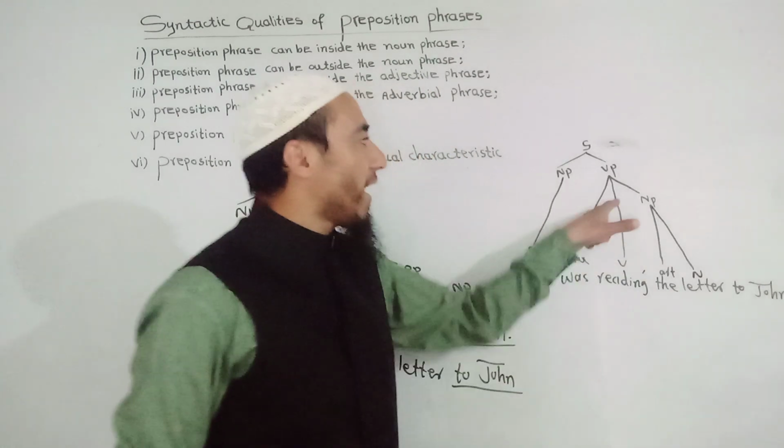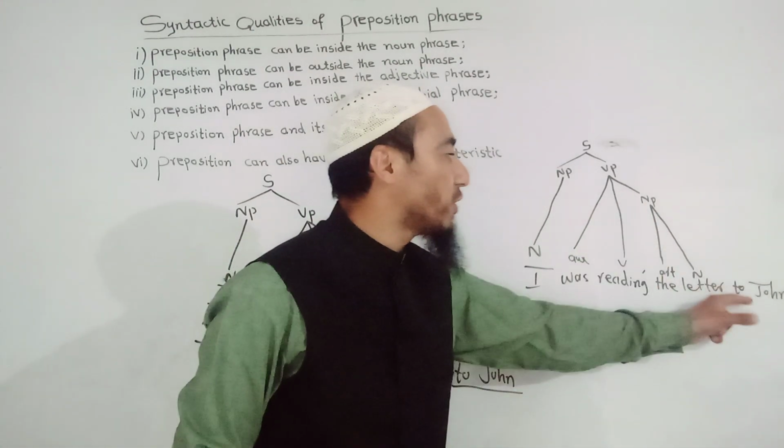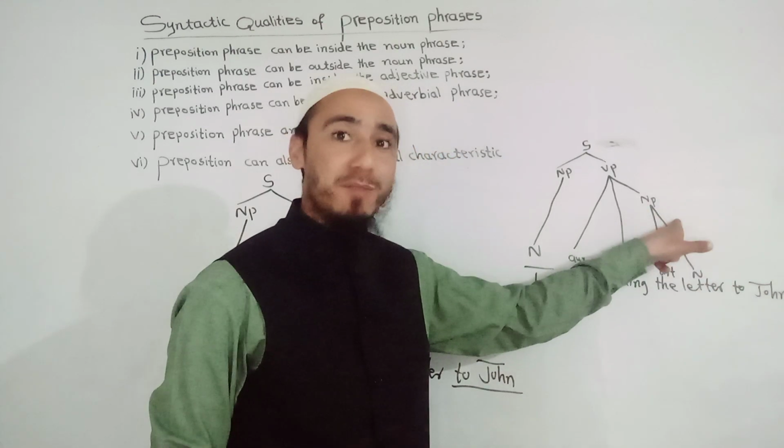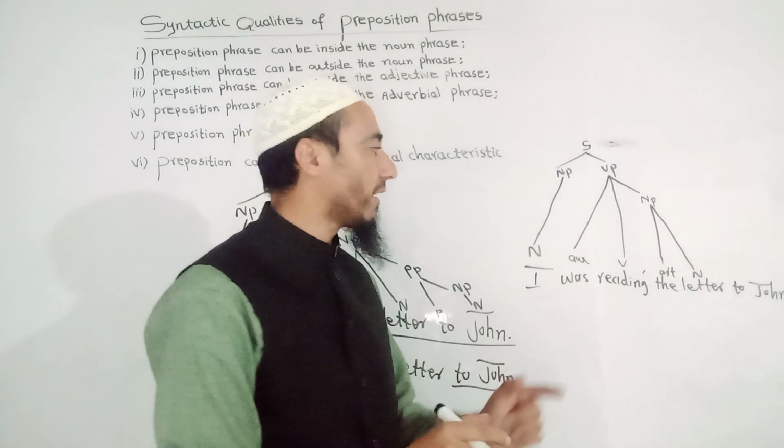Important point. Here I'm not taking the string of to John from NP. Why? Because I'm taking it in another sense.